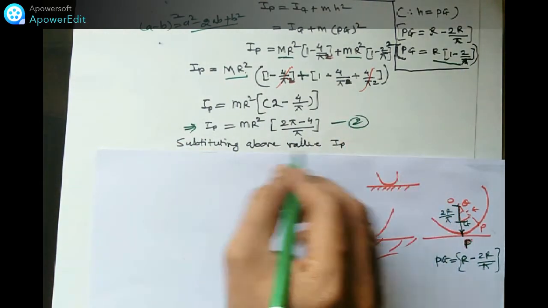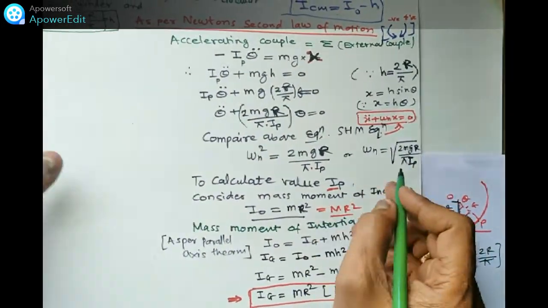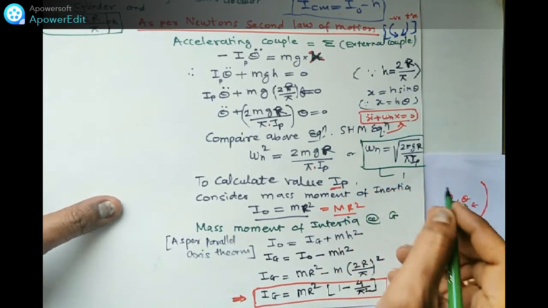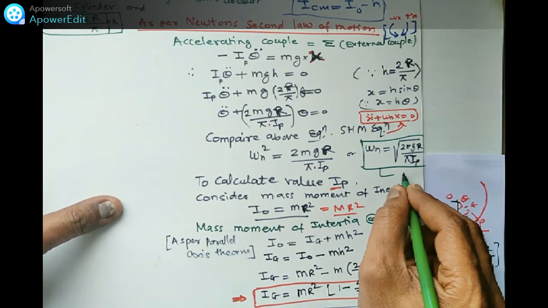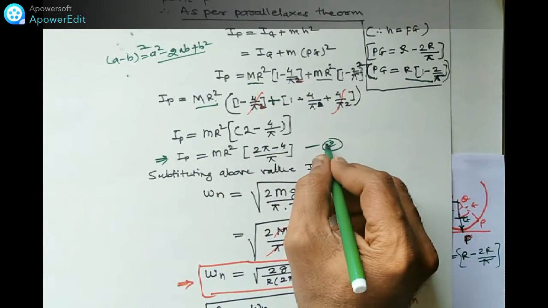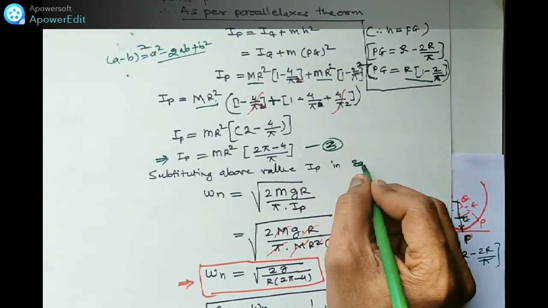This is the omega n in this equation. Just where to put this equation? Suppose this is equation 2, so this is equation 3. Put the Ip in equation 2. So what will happen here?